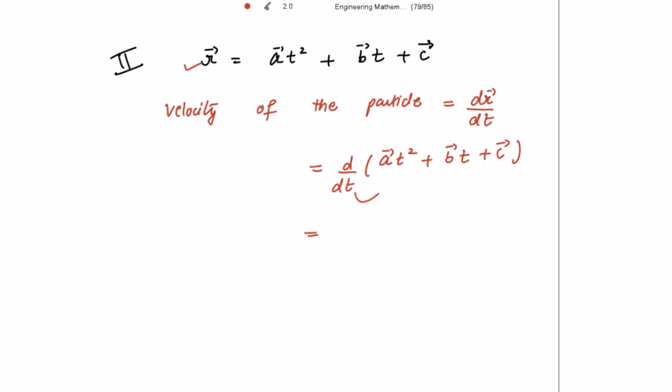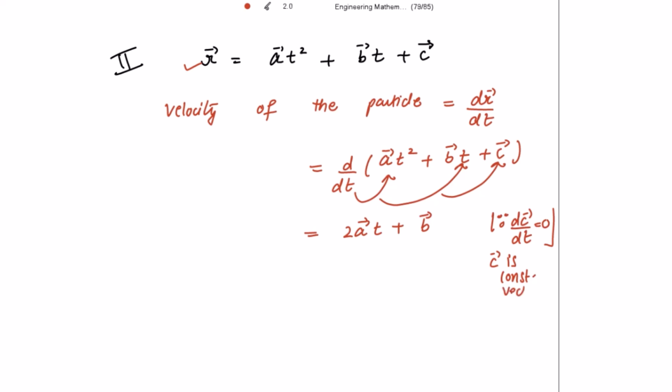Derivating the first term we get 2a vector t. Derivating the second term with respect to t, we get only b vector. Derivating the third term, that is 0 because c vector is a constant vector. So we have the velocity of the particle equal to 2at plus b, right?